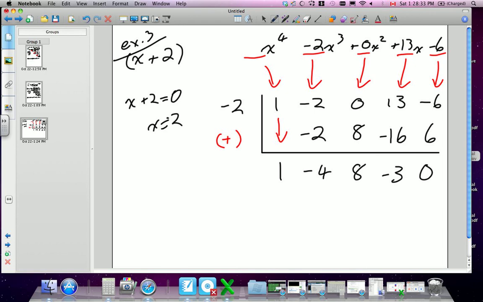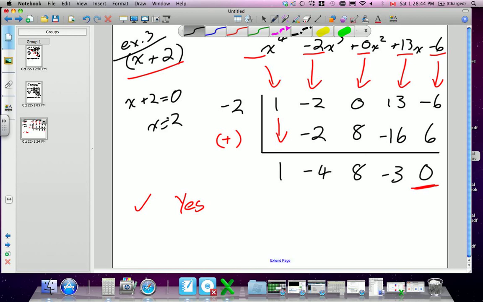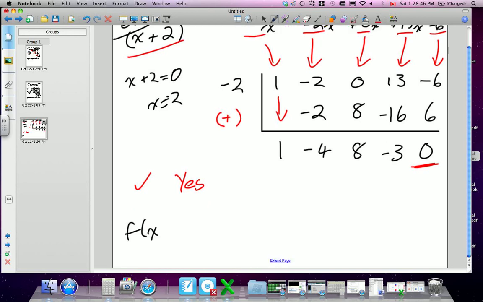0. As long as our final term is 0, that means yes, this is a factor. If the remainder is 0, then we know it's going to be a factor.